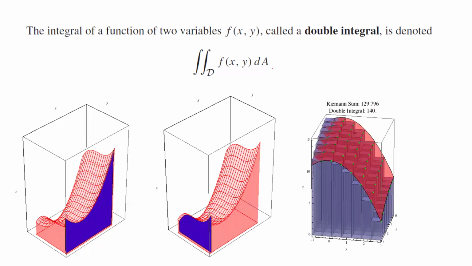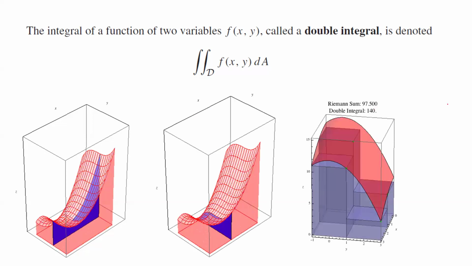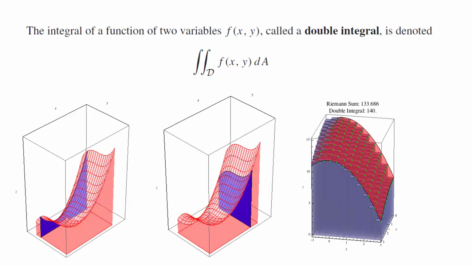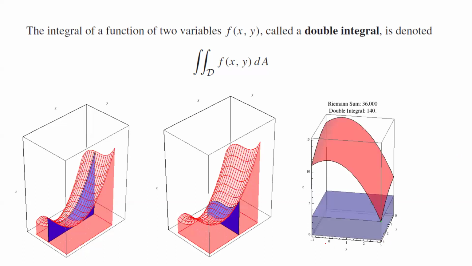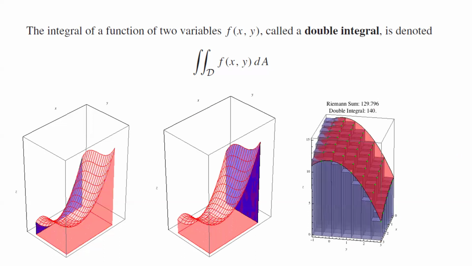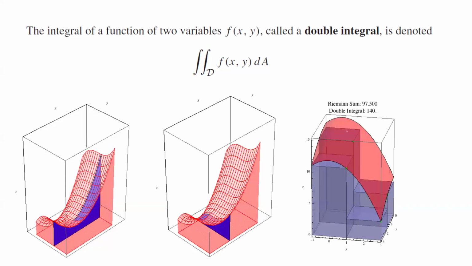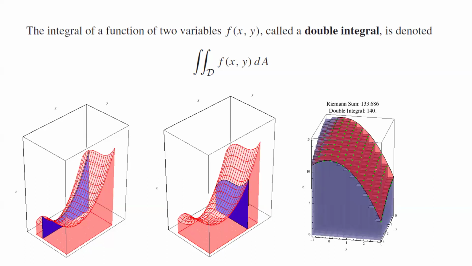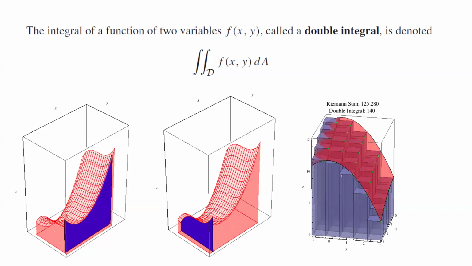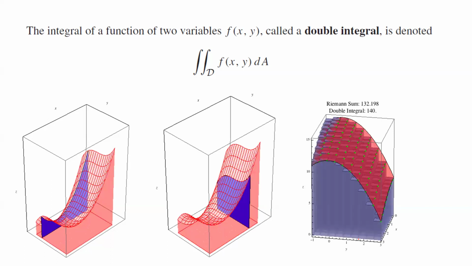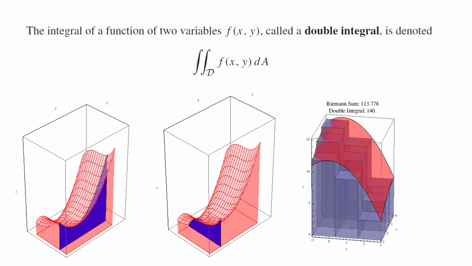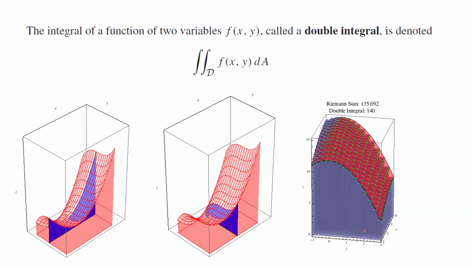So our goal is basically to divide up the base in the xy plane into smaller rectangles and then calculate the height, which is going to be based on the function f of x and y. Add all of those little volumes together and calculate the volume below.